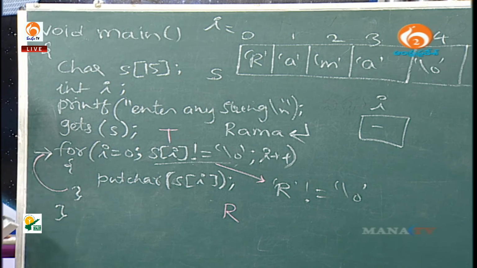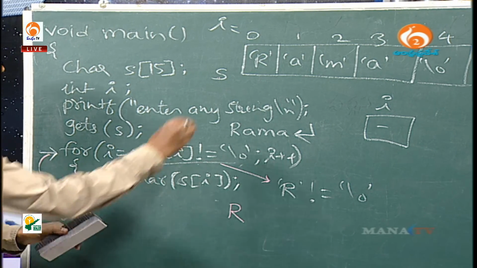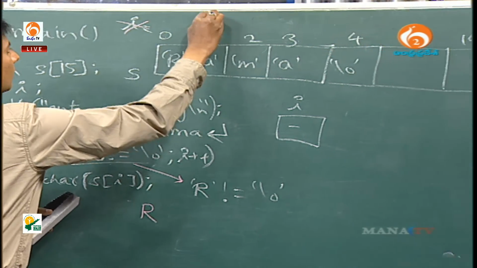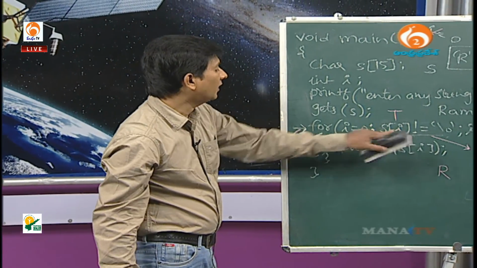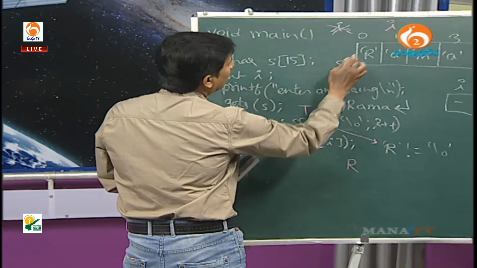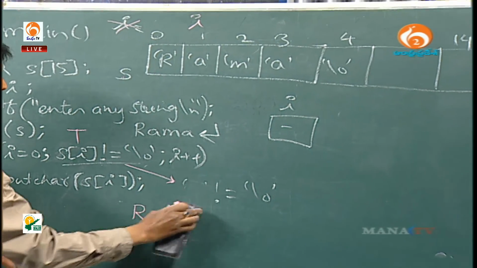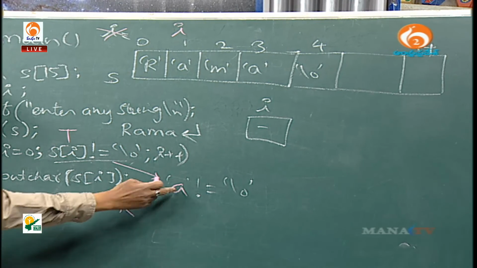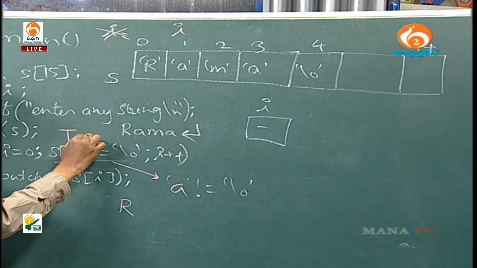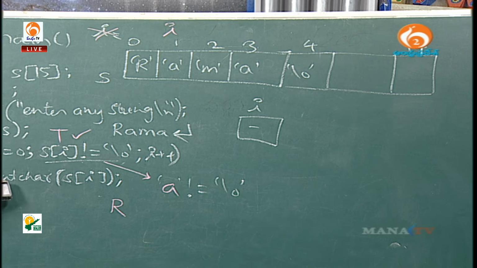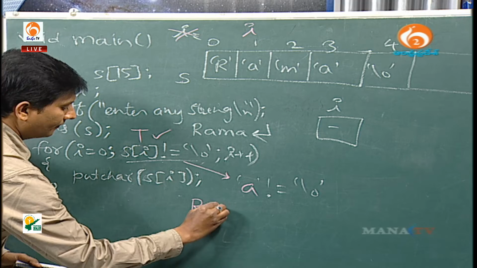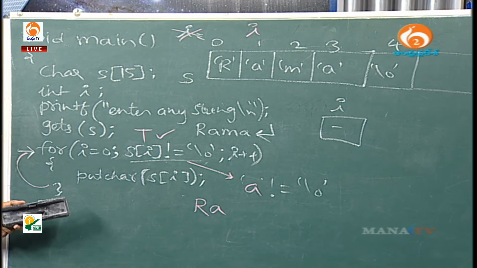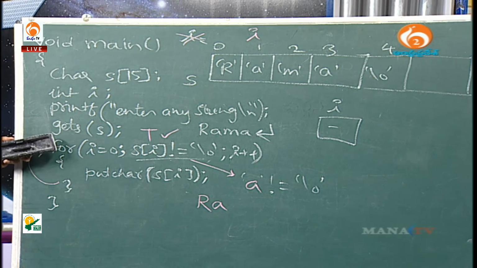Next iteration, i plus plus, i is incremented by 1, that is i equal to 1. s of 1, that is A, is not equal to backslash 0, which is true. Next, putchar s of 1, that is A.